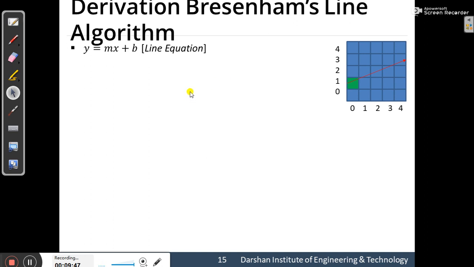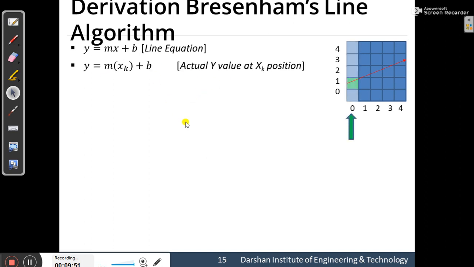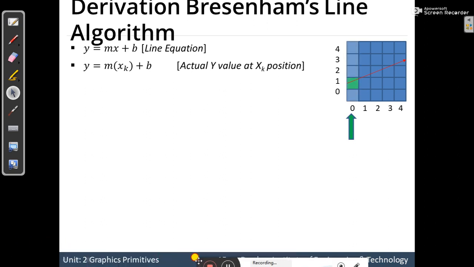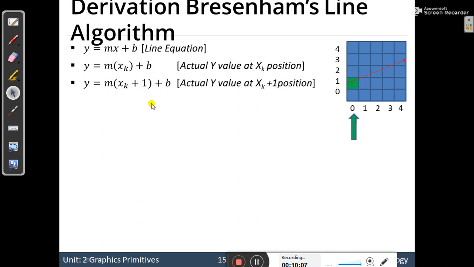We know that the equation of the line is y equal to mx plus b. The actual value at the xk position, suppose this is the k position, is mxk plus b, and then at xk plus 1 it will be incremented.